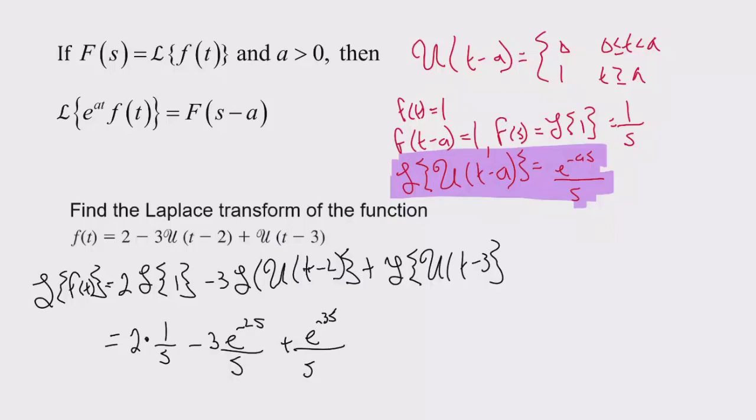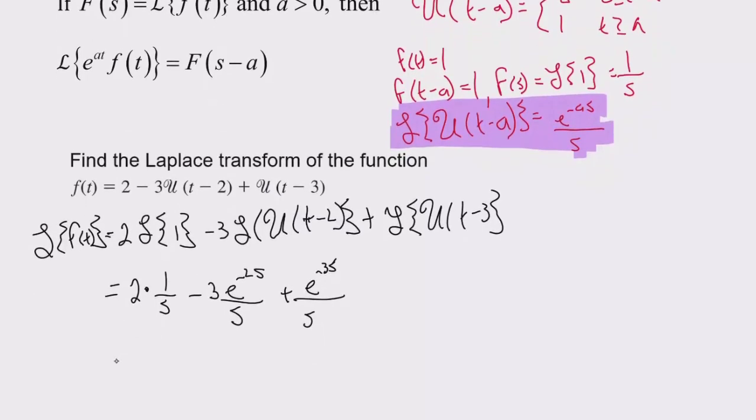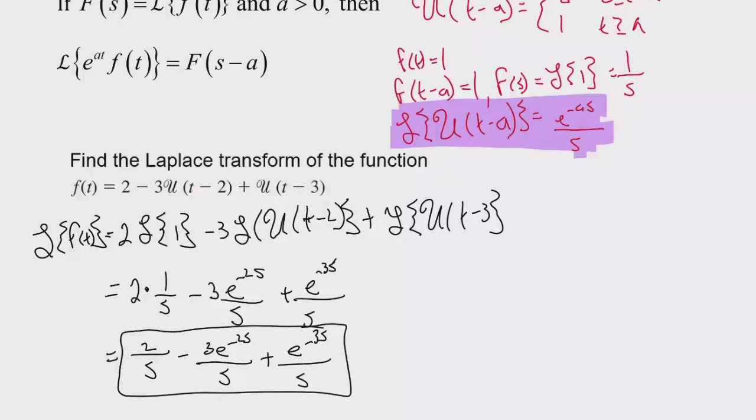So I can clean that up a little bit. So 2 over s minus 3e to the negative 2s over s plus e to the negative 3s over s for that conversion.